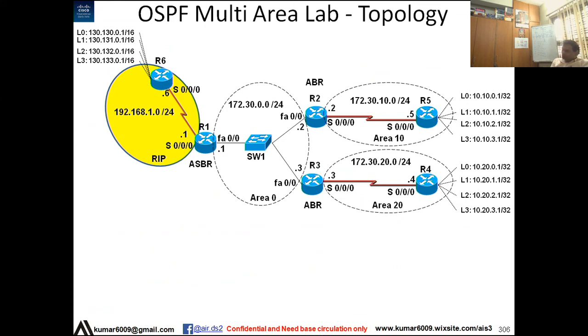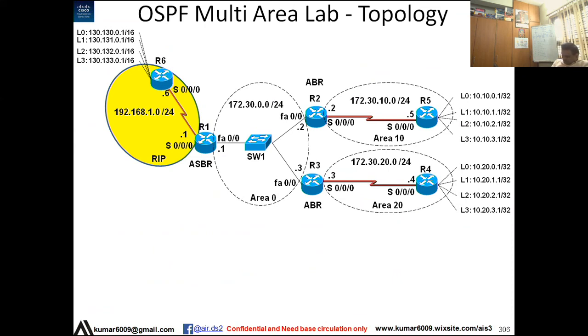Now R5 loopback 0. Yogesh, R5 loopback. L0 is loopback 0. Loopback 0 interface. Then we have Loopback 0. Under global mode, router OSPF 1.